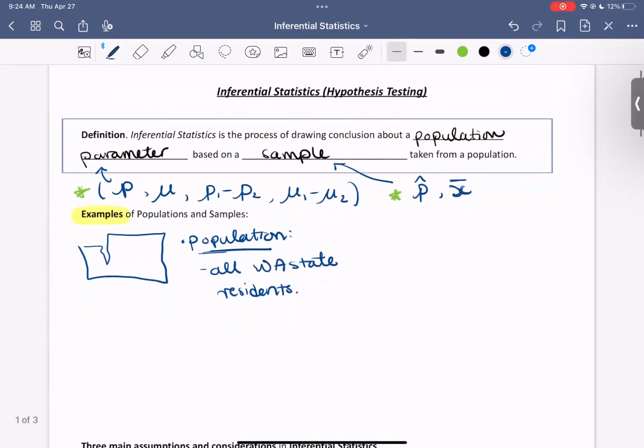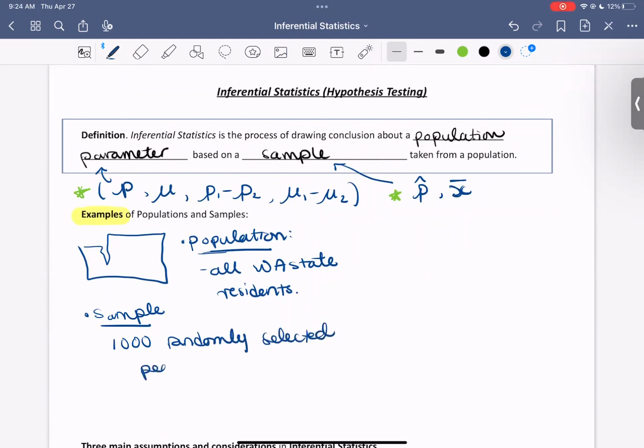So in order to find information about that population, we might collect a sample of, say, 100 or 1,000 randomly selected people. We want to take a good representation of everyone in the state.